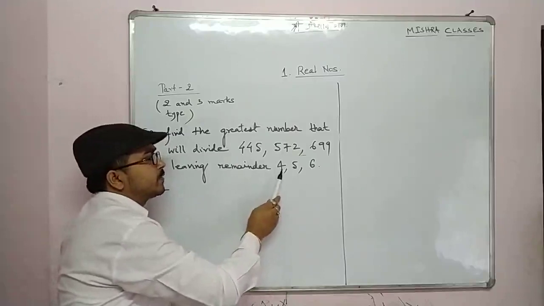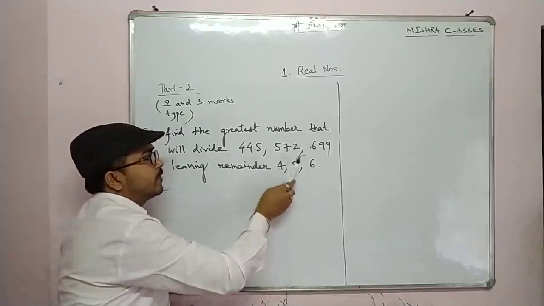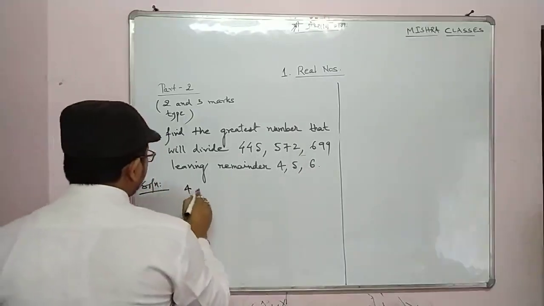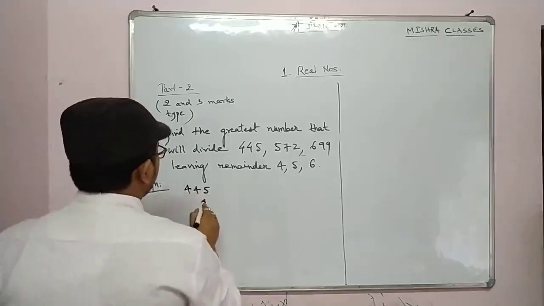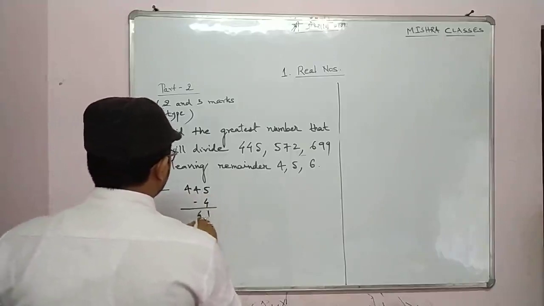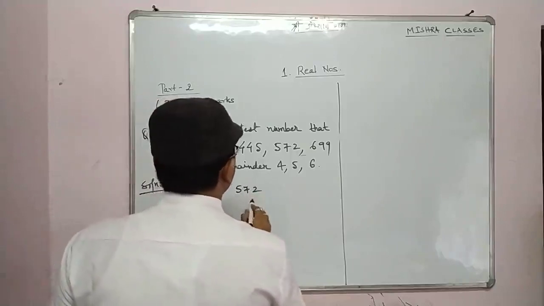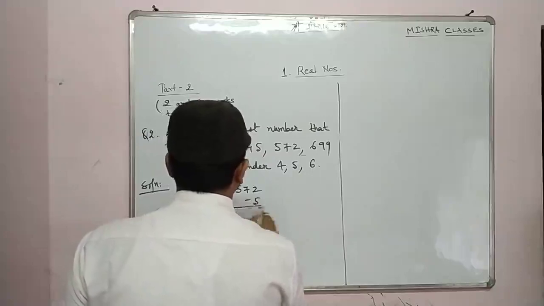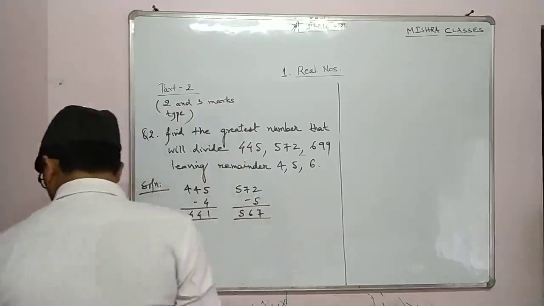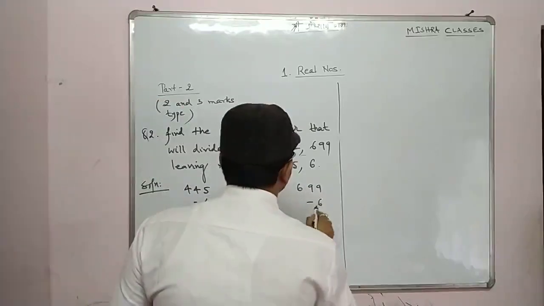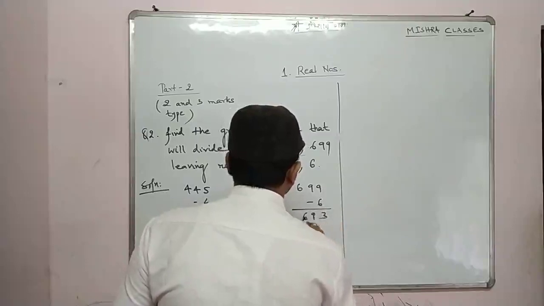So we'll subtract 4 from here, 5 from here, and 6 from here. 445 minus 4 equals 441, 572 minus 5 equals 567, then 699 minus 6 equals 693.